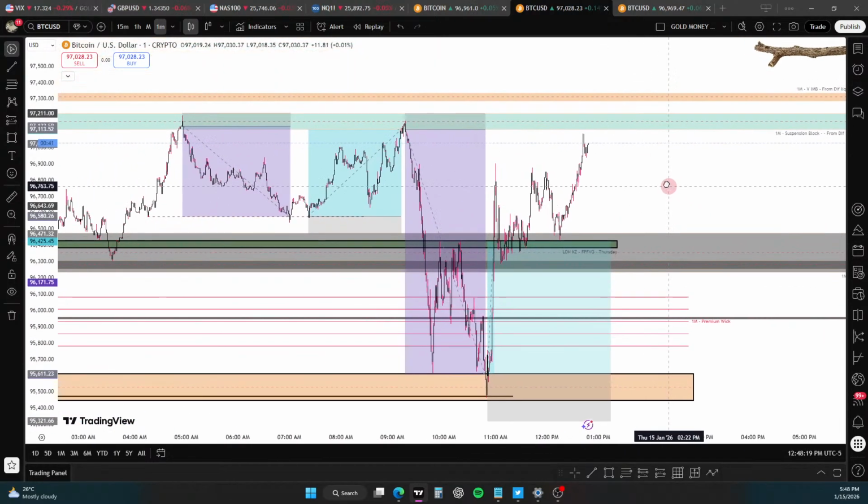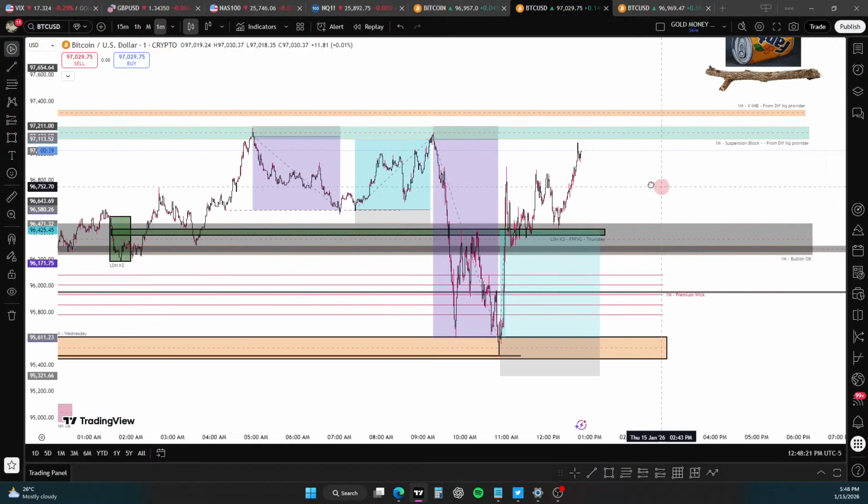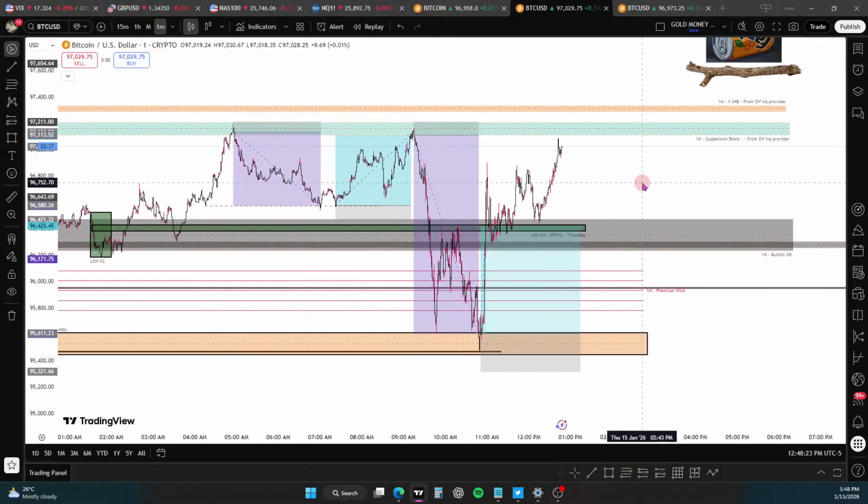Look at these entries. How much did the price go against the stop losses after the trade started running? The trade started running in profit, and then it was always continuous profit until it hit the target.